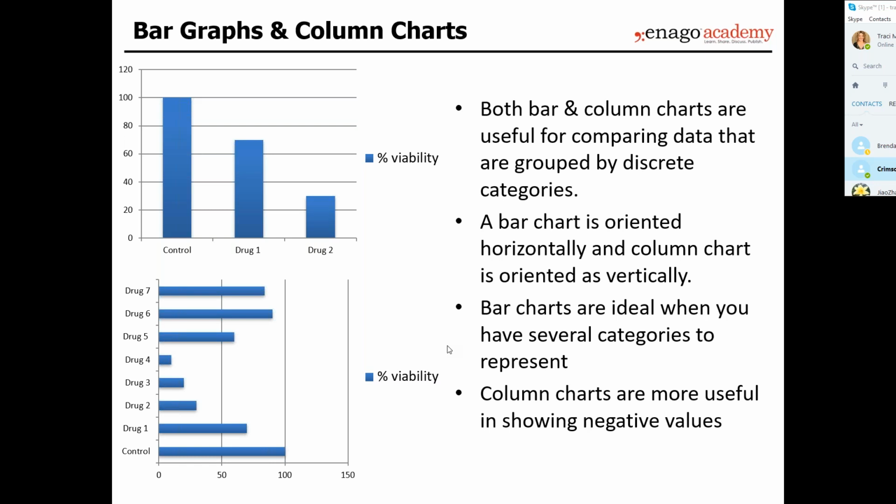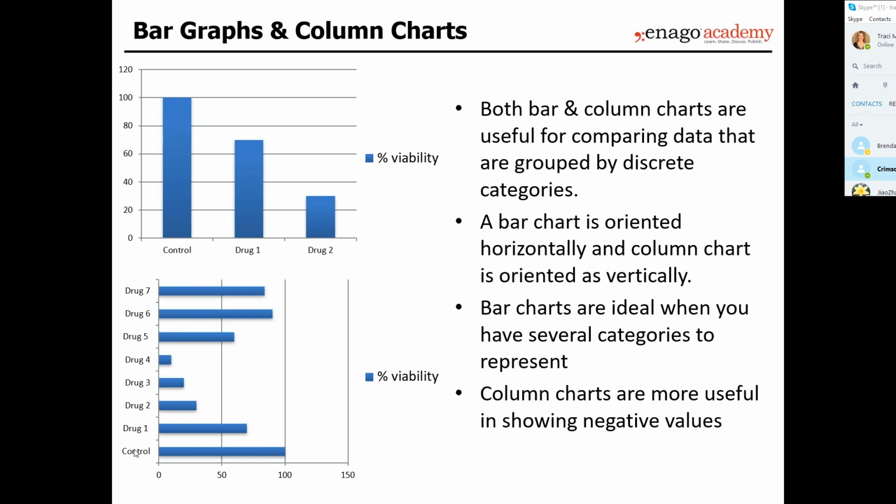So for example, we have a control set of data. Let's say that is a group of patients that did not receive a drug. And then we gave them drug 1 and drug 2 to see how effective that drug was at treating whatever particular ailment we were working on.